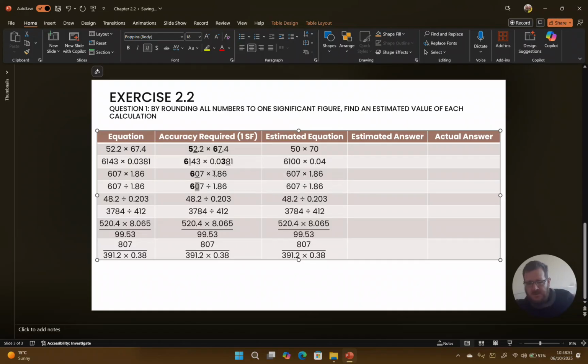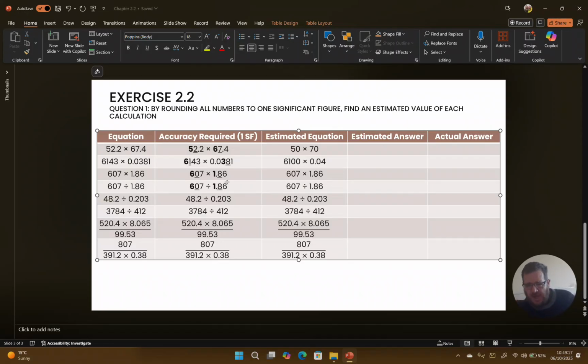So we might as well just do them both at the same time, because the answer is going to be the same, apart from one's dividing and the other one's timesing.